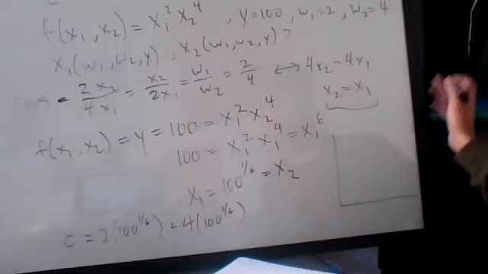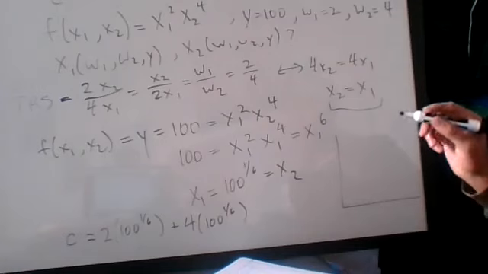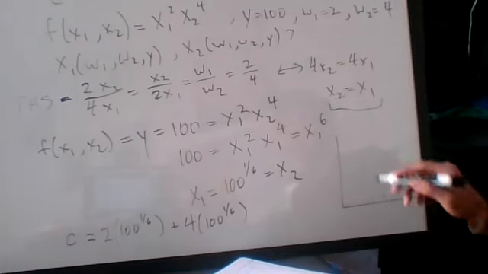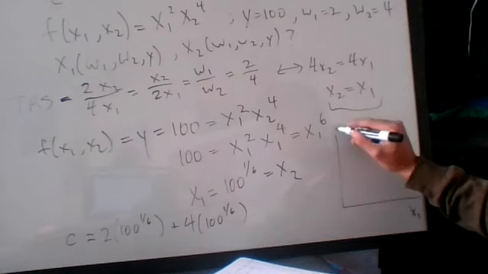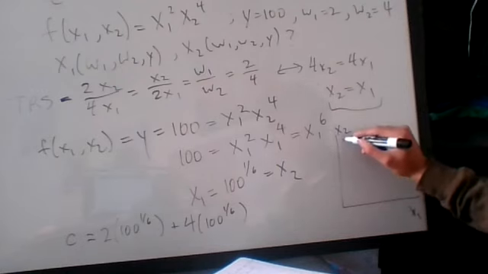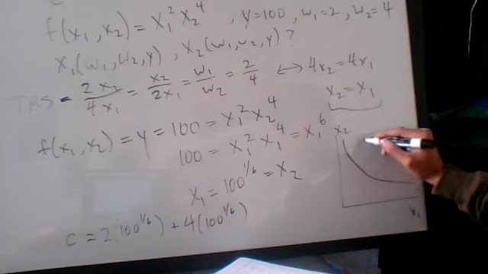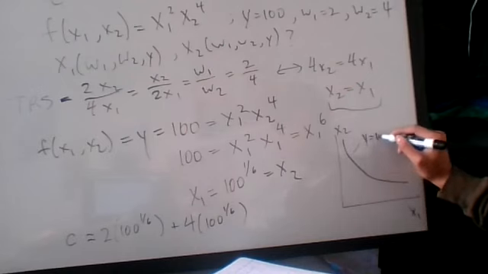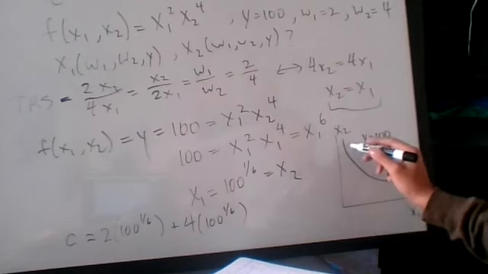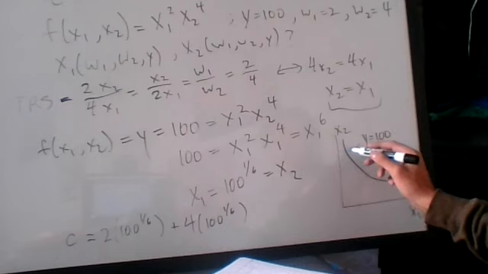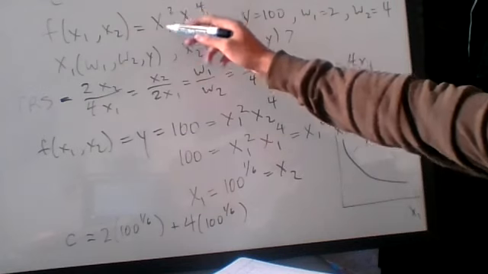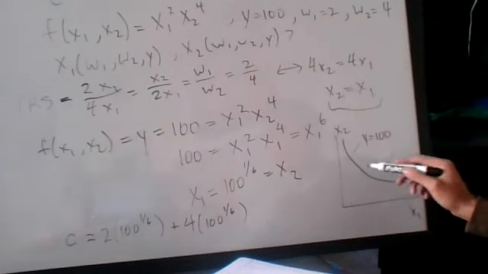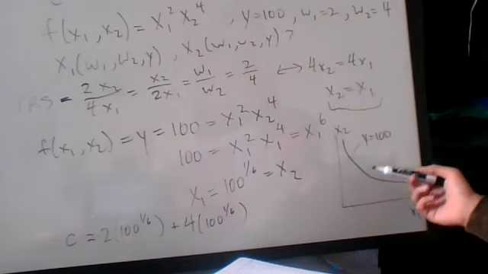Okay, cool. So basically, if you wanted to visualize what this looked like on our x1 and x2 axes, we have a production function, and this is equal to 100. Any combination of x1 and x2 that you multiply out like this would get you 100.